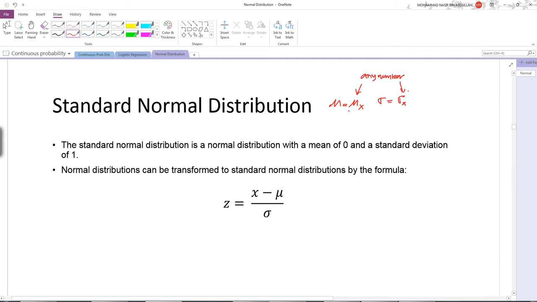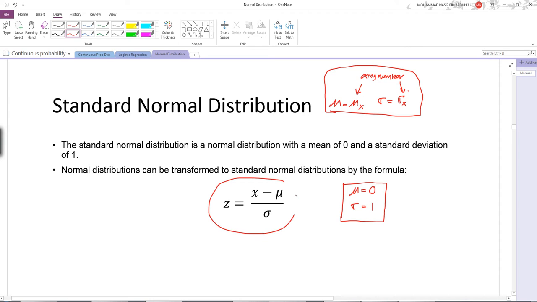Well, instead of letting mu become any number and sigma become any number, we force mu, means mean, to be 0 and sigma to be 1. So under standard normal distribution, it forces mean equal to 0 and sigma equal to 1. And the standard formula we measure using is Z distribution. So Z distribution means a standard normal distribution lah. So another name is Z distribution.